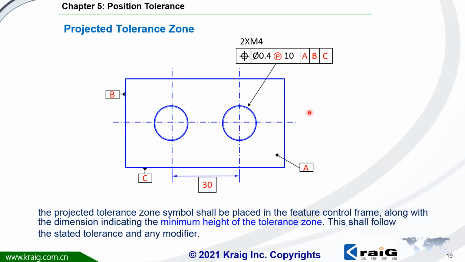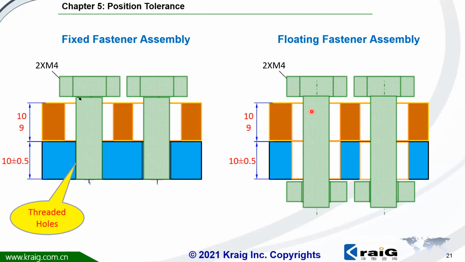First, when we talk about assembly, there are two situations. Assembly with threaded hole. Situation number one, part A is a threaded hole. Part B is just a through hole. There's no thread, right? Just a hole here.